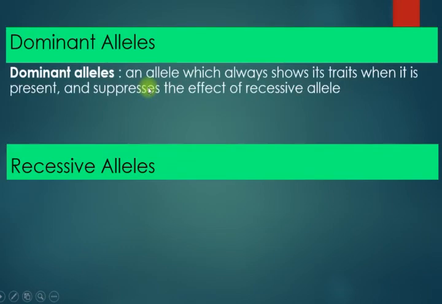Let's go to the dominant alleles. What is a dominant allele? An allele which always shows its trait when it is present and suppresses the effect of the recessive allele. It is represented by a capital letter.